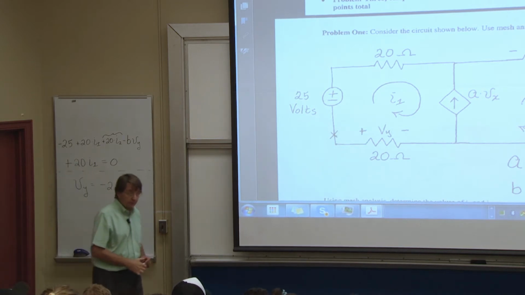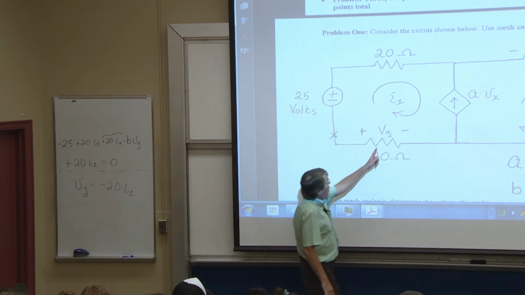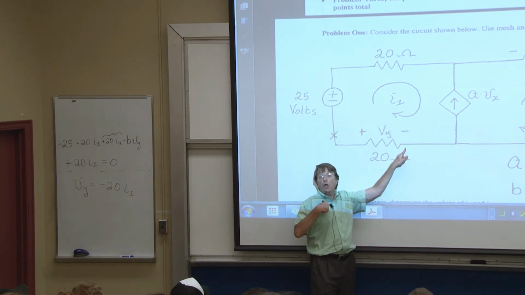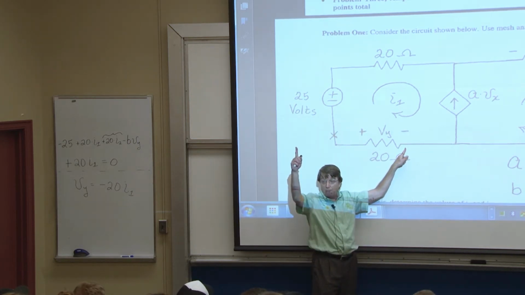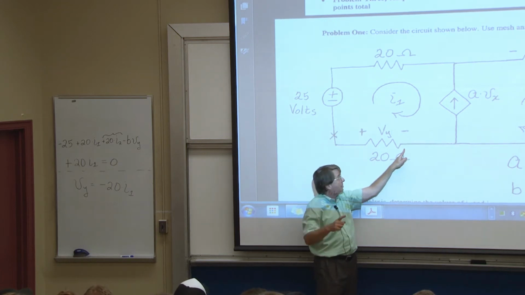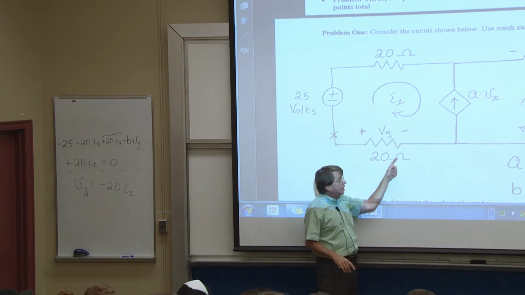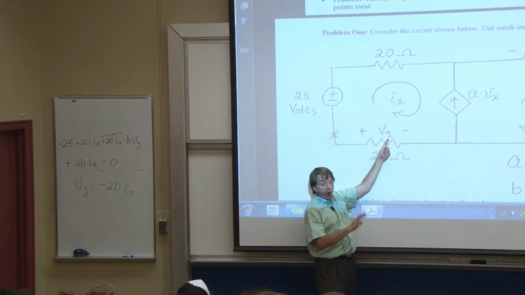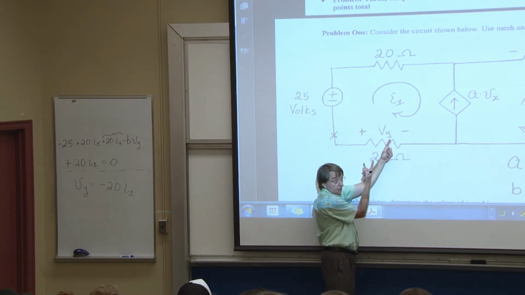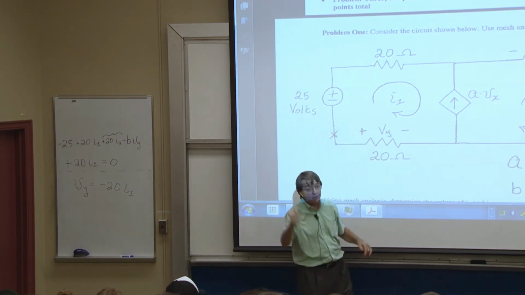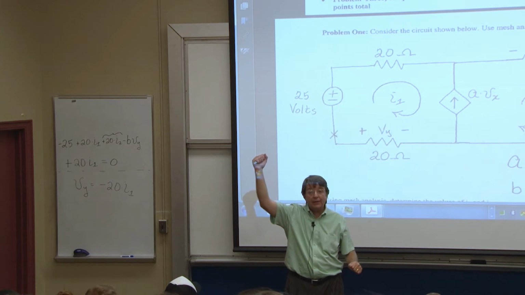Perfect. The current I1 is entering this side of the resistor. From the current's point of view, that's the positive side. Positive, negative. Ohm's law: I1 times 20. Vy is flipped. So therefore, Vy is minus 20 times I1. Did we get it?